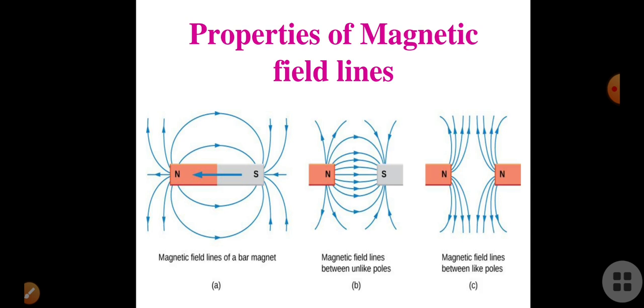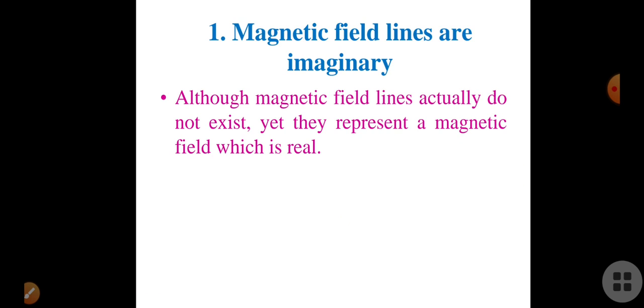So from the examination point of view, let us discuss the properties of magnetic field lines. Magnetic field lines are imaginary lines; we have never seen such lines around a bar magnet. If we are holding a bar magnet in our hand, with an iron piece also, we cannot see these lines which come from the bar magnet and go towards the iron piece or the other bar magnet.